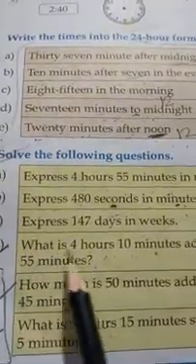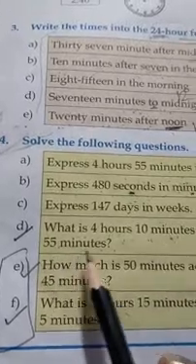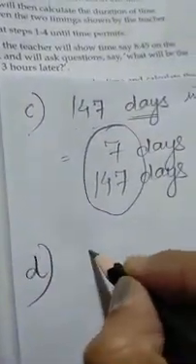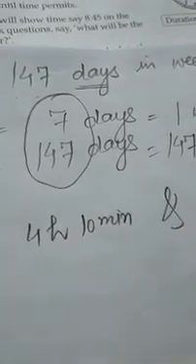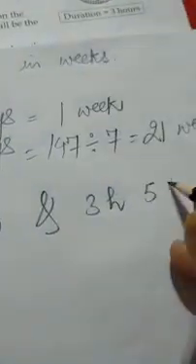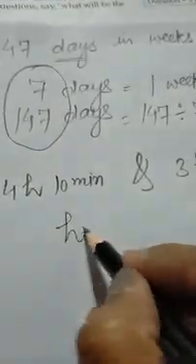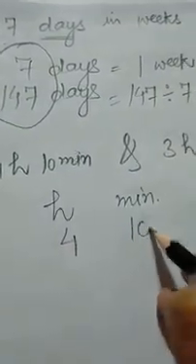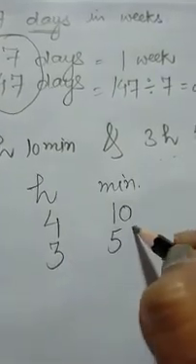Yes, now what is the next sum? D part. What is 4 hours 10 minutes added to 3 hours 55 minutes? We have to add these both. We will write hours and minutes. Firstly 4 hours 10 minutes, then 3 hours 55 minutes.